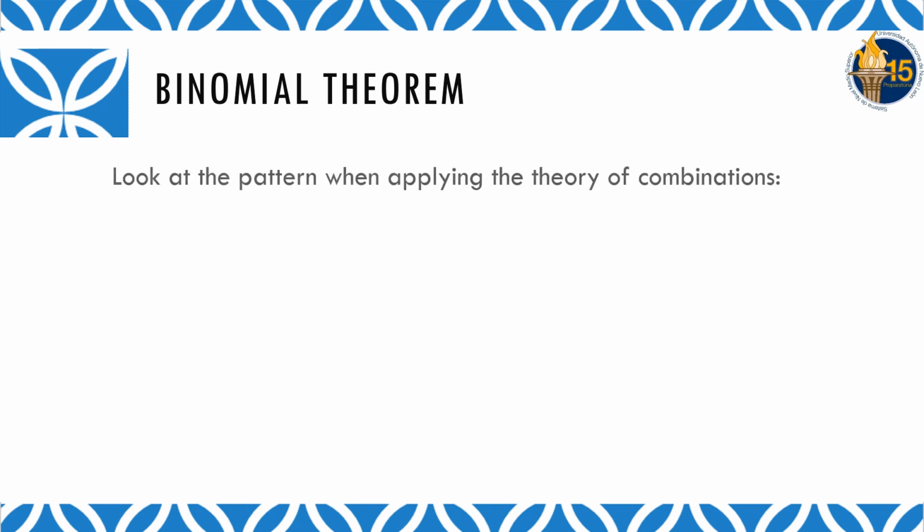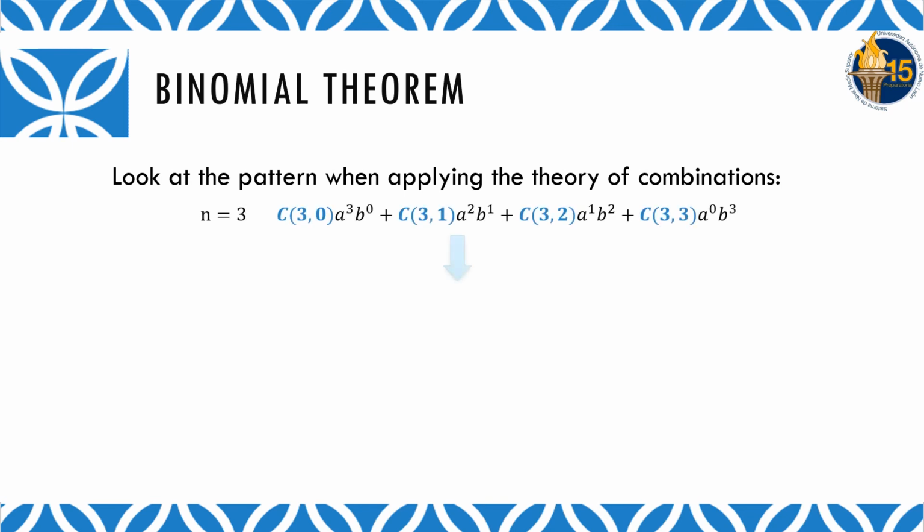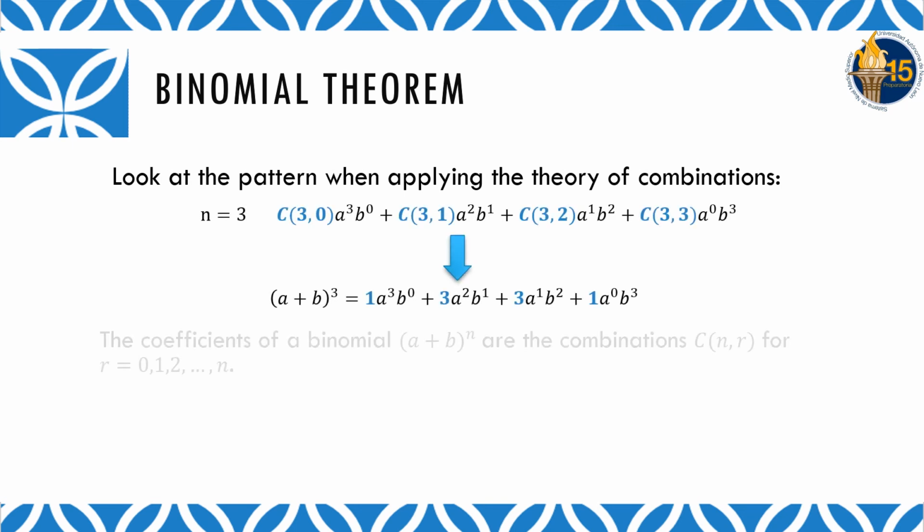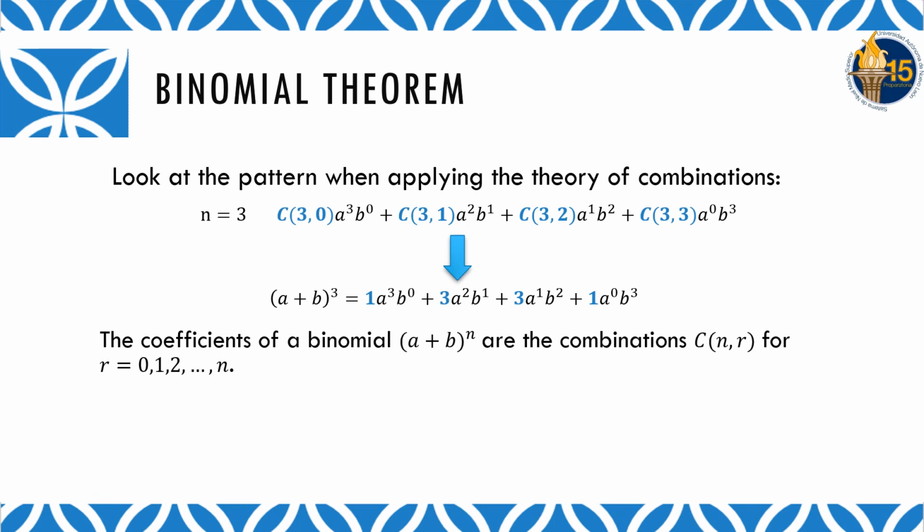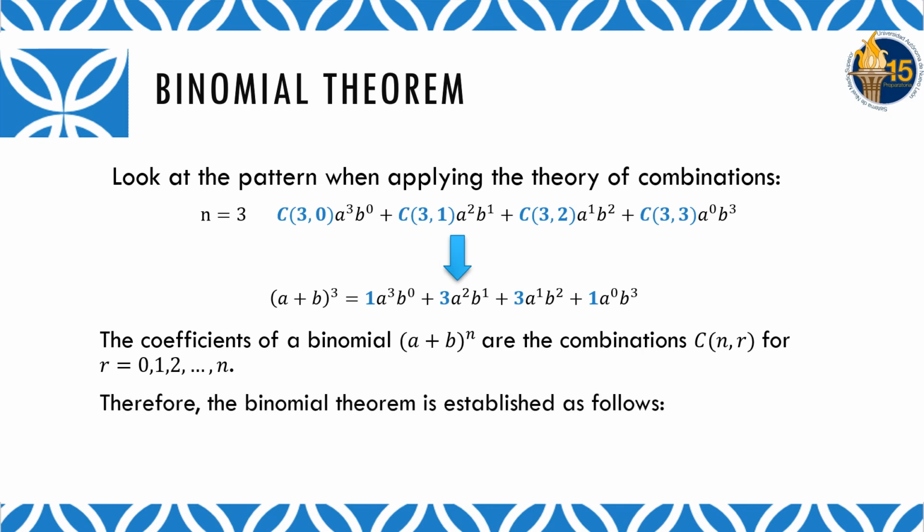Look at the pattern when applying the theory of combinations. The coefficients of a binomial a plus b raised to the n power are the combinations C(n,r). Therefore, the binomial theorem is established as follows.